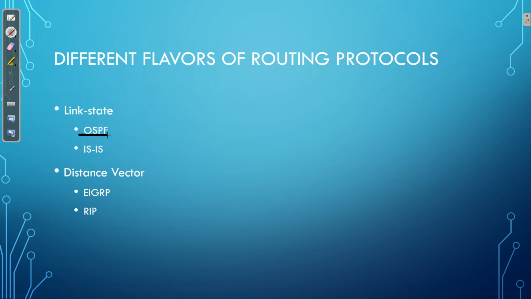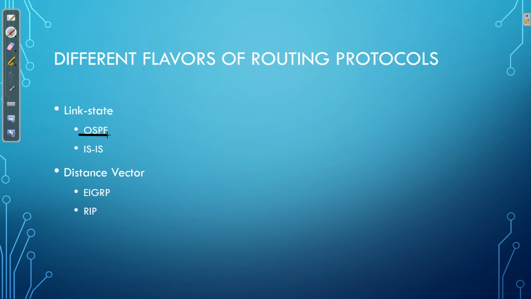So HP switches support OSPF, Juniper switches support OSPF, and Cisco switches, yeah, you heard that right, support OSPF. Now EIGRP is a Cisco proprietary protocol, meaning only Cisco devices support EIGRP. RIP, again, is vendor neutral, so we have different devices supporting RIP.